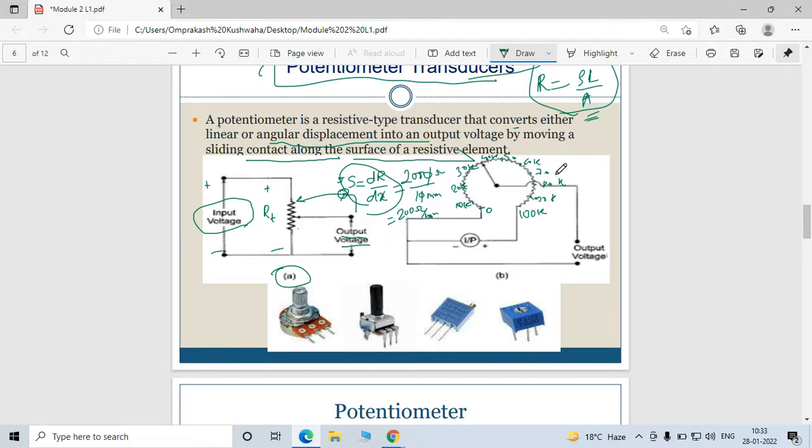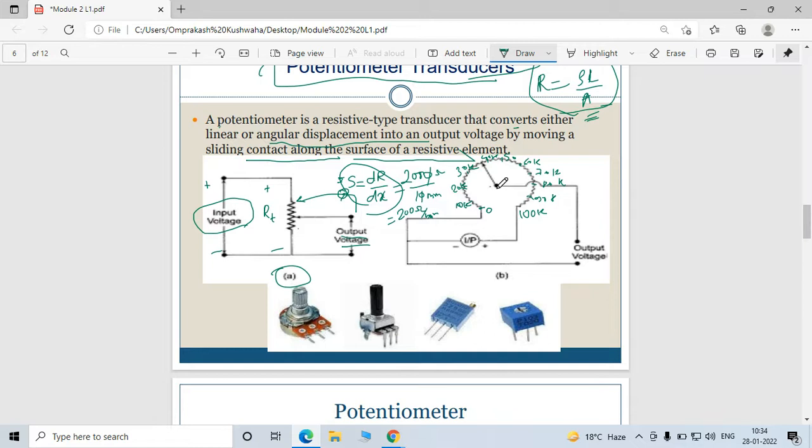So these are the different scales of your resistance wire. Depending on your displacement, your pointer moves accordingly.